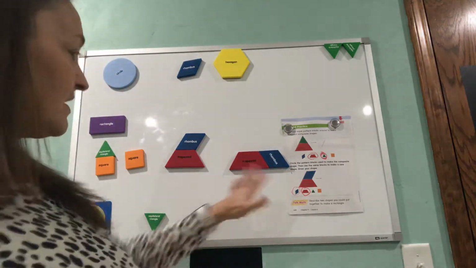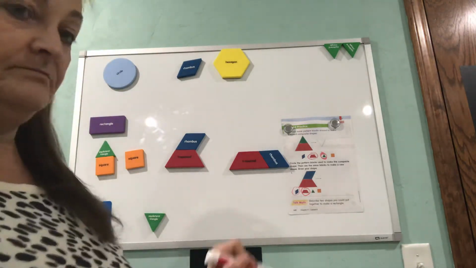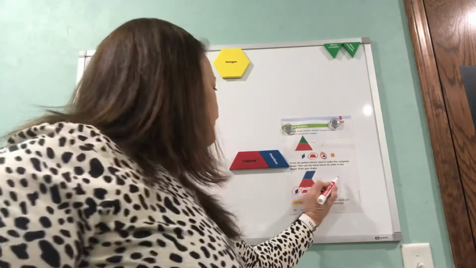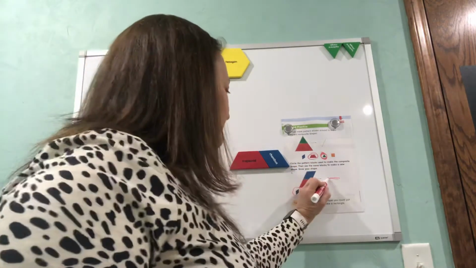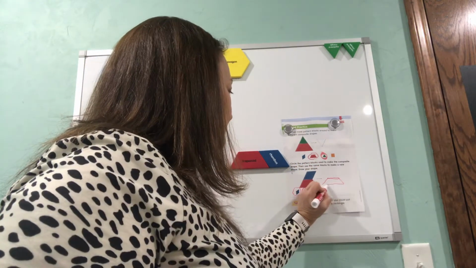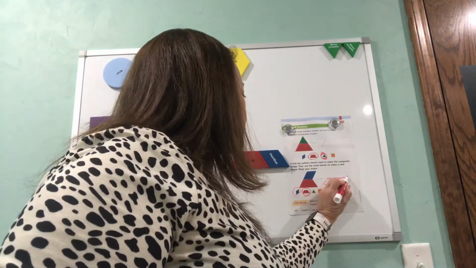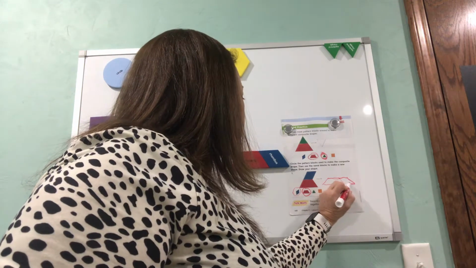So when you do that, you're going to need to draw that right here. So if I drew mine, you can just lay your shape down and trace around it if you want to, because then I'm going to go out, because the other side is leaning against it here.